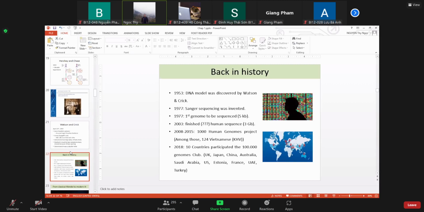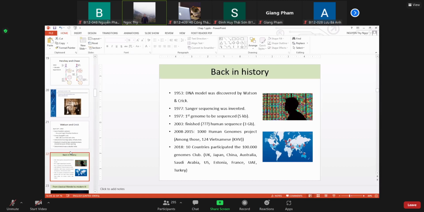From 2003 to 2008, the 1000 Genomes Project was carried out around the world. Among those, from Vietnam, we have 124 Vietnamese students, KHV, which stands for Kinh ethnic in Ho Chi Minh City, Vietnam, put into the 1000 Genomes Project.